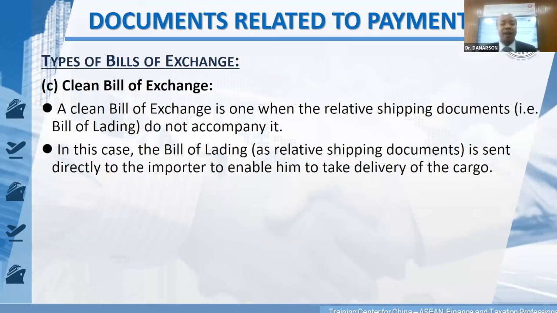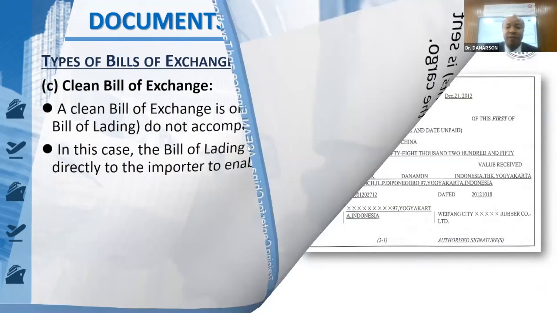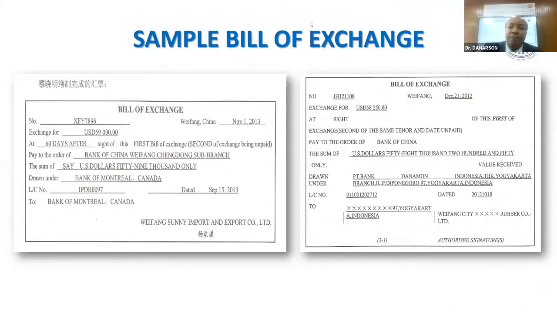In this case also, there are at least two documents given to the importer, the bill of exchange and the bill of lading. But before the bill of exchange reaches the importer, it can also be used for something. And it's clean because it doesn't require any other documents to be used with it. So these are samples of this.